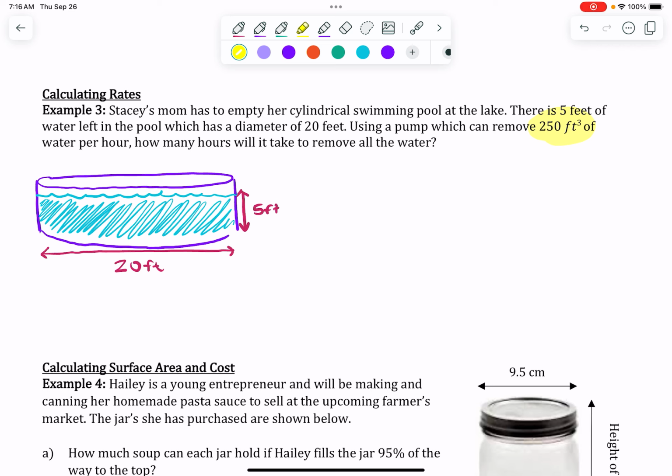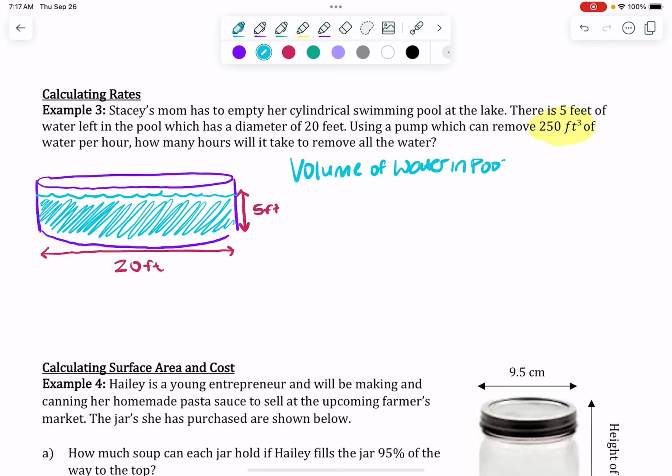Up to its 5 foot mark. So I do need to calculate the volume of the water that I'm starting with. But that unit in the question there is our secondary hint that I need to calculate the volume at some point. We can calculate volume of water in a pool. That's no problem.